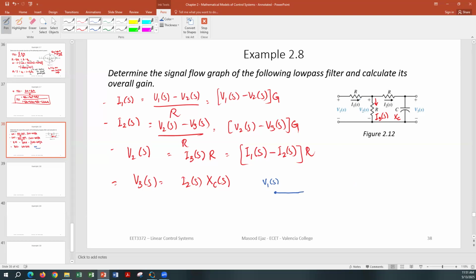My next signal is I1. That's another node, I1S. My next signal is V2, that's another node, my V2S. My next signal is I2, I2S. And my final signal is V3.